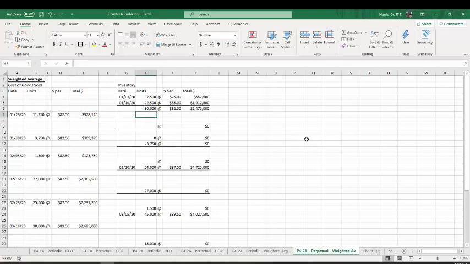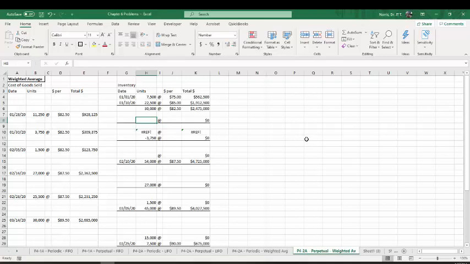That leaves us with ending inventory of, we had 30,000. We've now sold 11,250. And we now have 18,750 left in ending inventory for when we make the next sale.